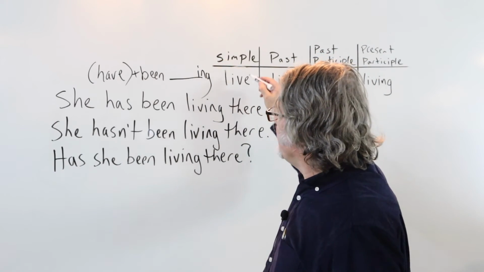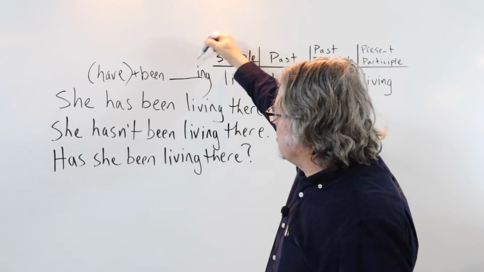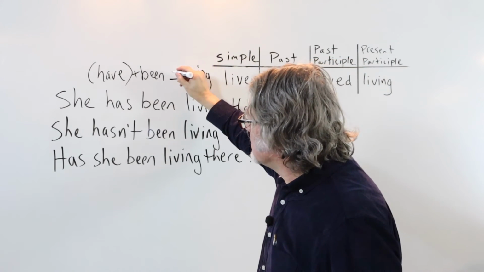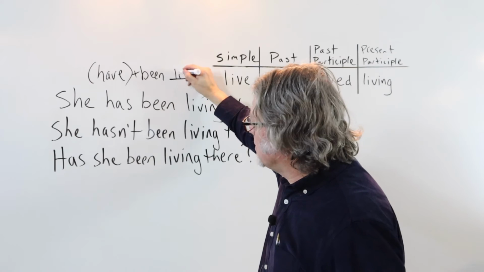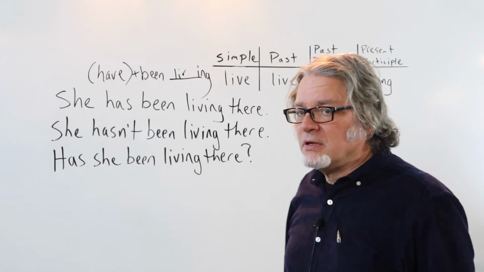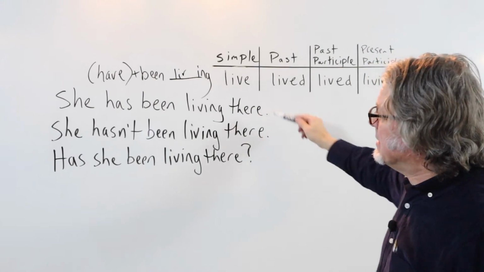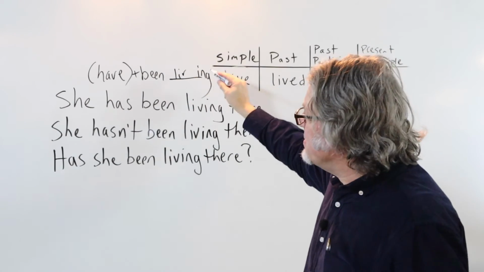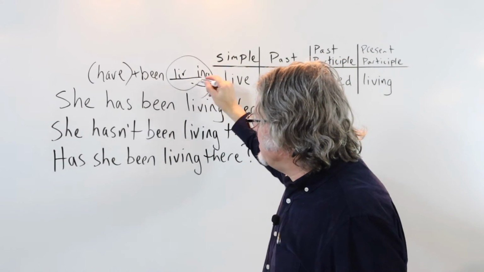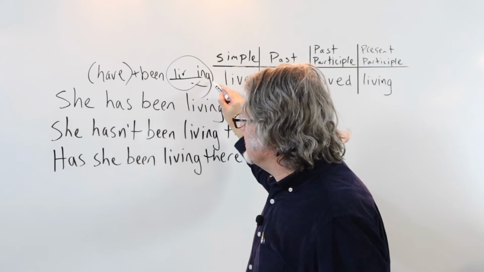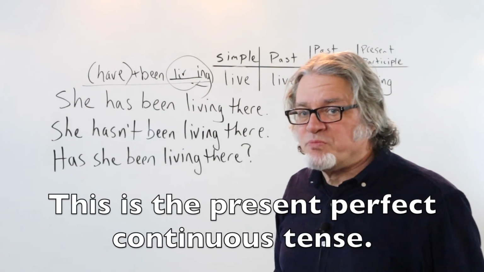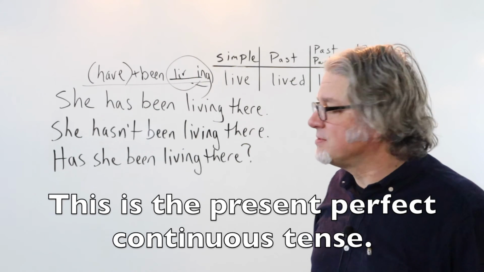So the simple form goes here. In this case, if it's living, has been living, or you can think of it as the present participle. But however you think of it, this is the main verb, and this is the present perfect continuous tense.